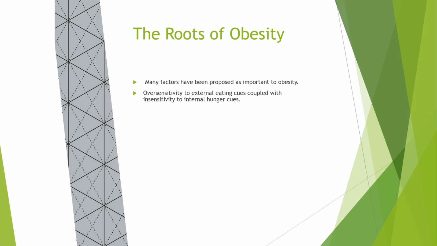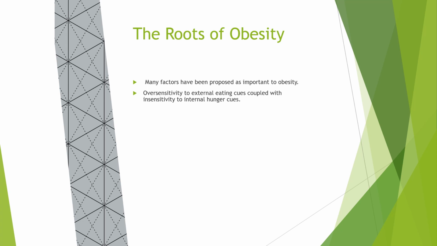So we have these external cues, right? What time of day it is. Should we be eating breakfast? Should we be eating lunch? Should we be eating supper? We also have cues with commercials on TV, right? We have commercials on the radio for various restaurants. So we may be overly sensitive to those external cues.